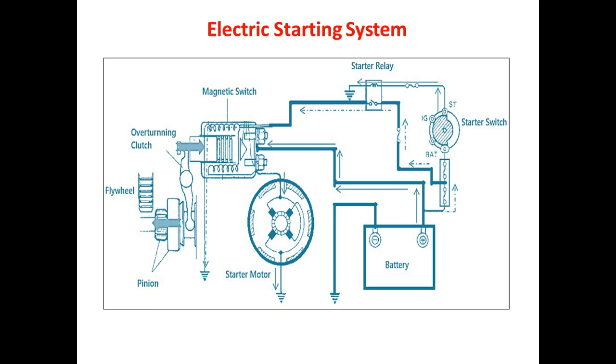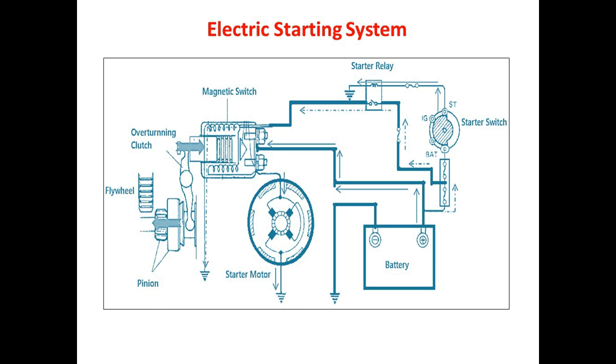The plunger is then pulled backward, forcing the pinion forwards and allowing it to mesh with the ring gear of the flywheel. When the armature now rotates, it rotates with the pinion which is already engaged to the ring gear of the flywheel. In this way, engine is getting cranked.